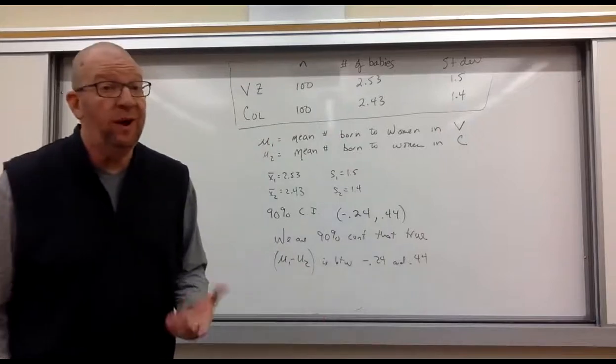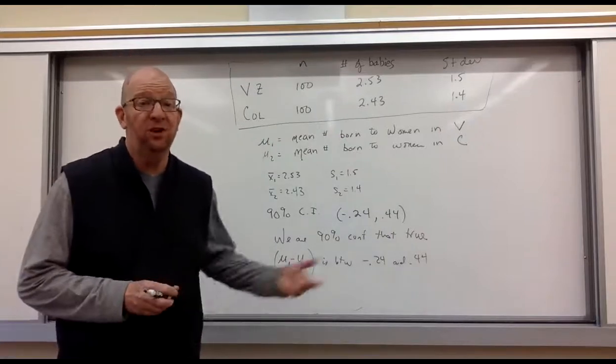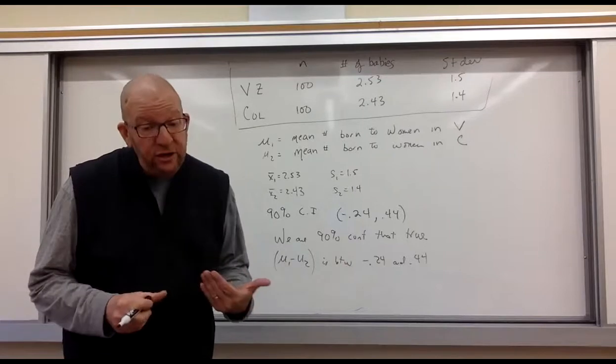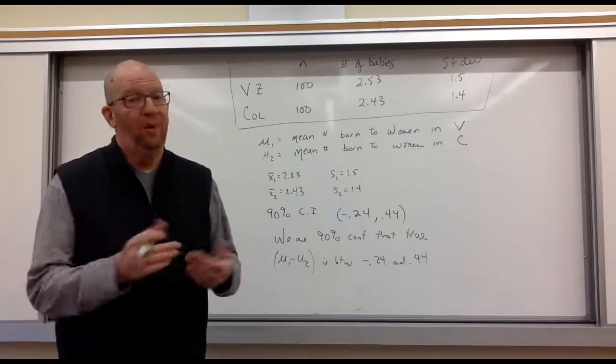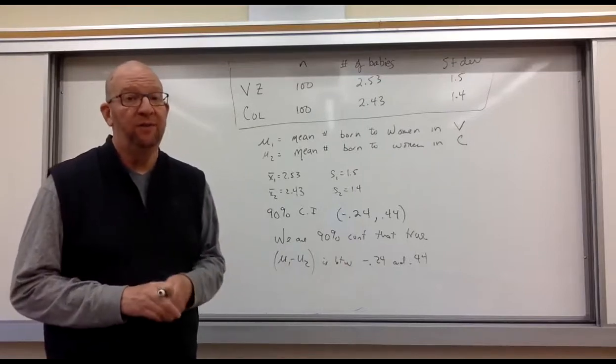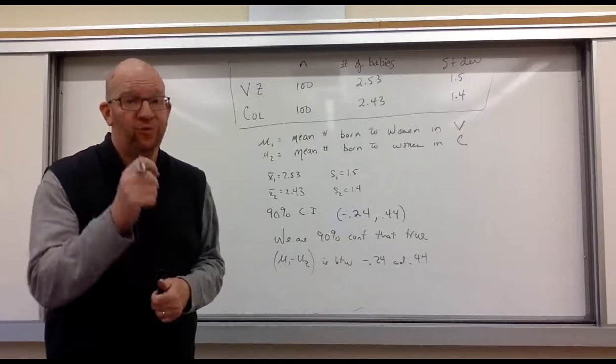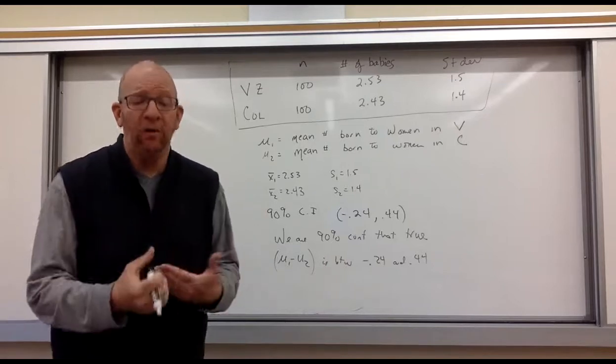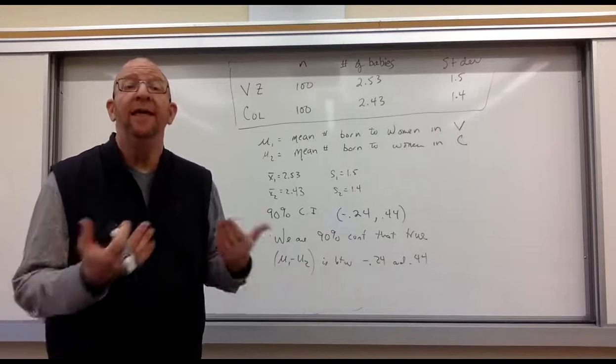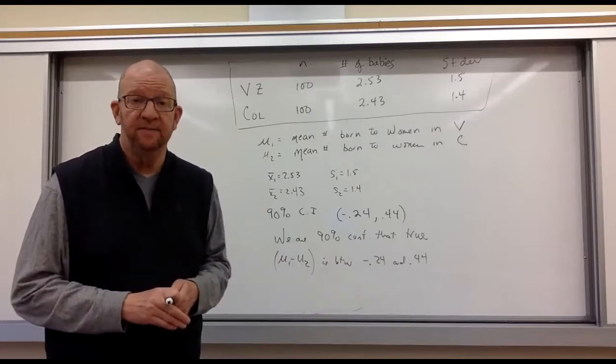Pretty close, right? There's not a whole lot of difference in the two according to that. And as you can see, what special number is included in that interval? That's right, 0.